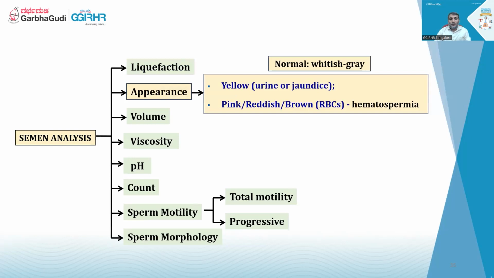Now, coming to the appearance, normally it should be whitish gray color. If it is yellow color, you can assume that the person has passed urine along with the semen sample.